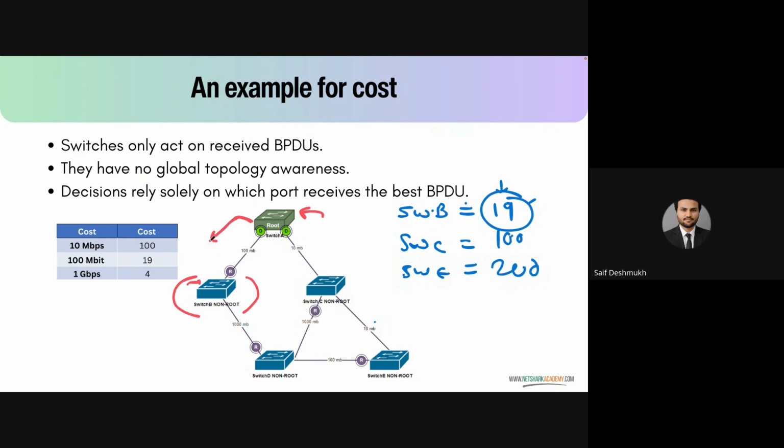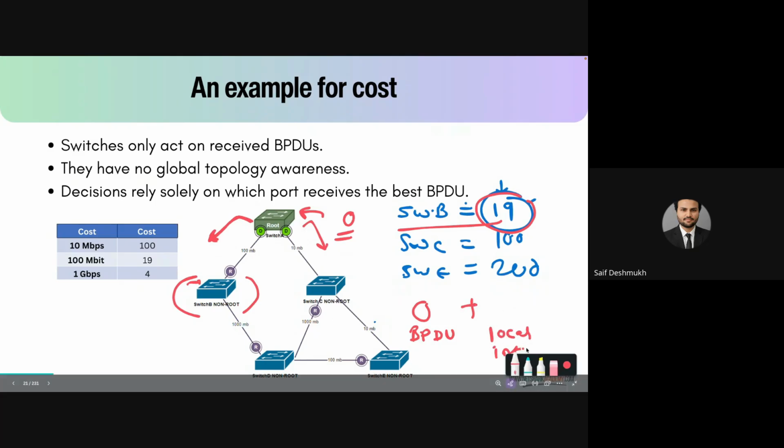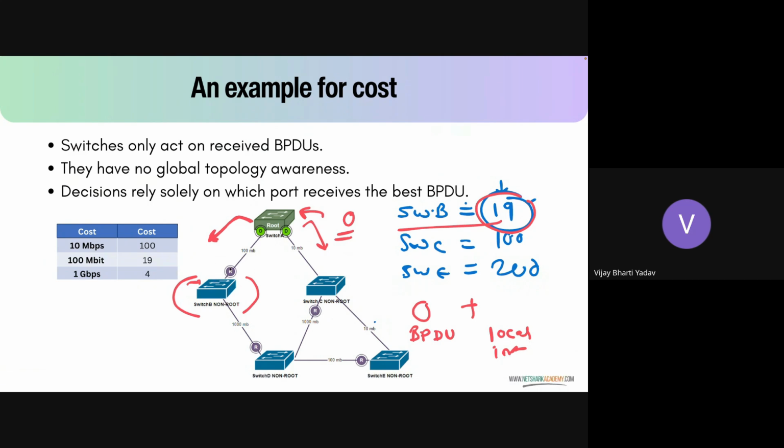The root always sends out to every interface a BPDU with a cost of 0. These guys are receiving a cost of 0. So how does switch B say 19? It's not because of the BPDU received. They take the received BPDU cost, then consider the local interface cost and combine it, towards the root.